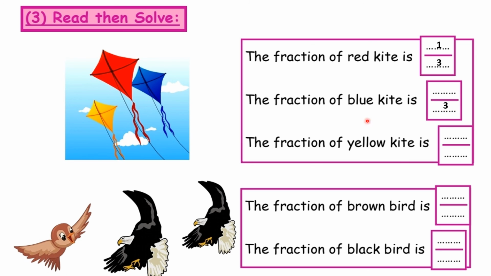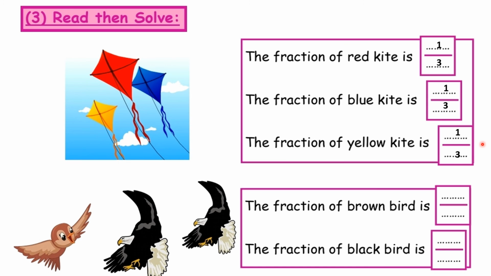It's 3, and I have 1 blue kite, so I put here only 1. The fraction of yellow kites is 1, only 1 yellow kite out of 3, so I put here 3, the total number of kites, and here 1.